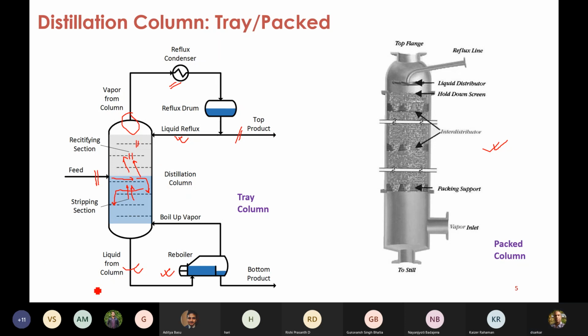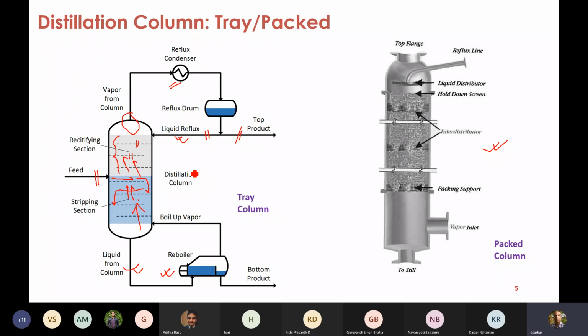Note that the vapor that goes up gets a liquid stream which is coming from the top as well as from the feed for mass exchange to take place. For this part you need a liquid stream for causing the mass transfer with the vapor that goes up. So you send back this part of the condensed product, which is quite rich in A, as the reflux stream.